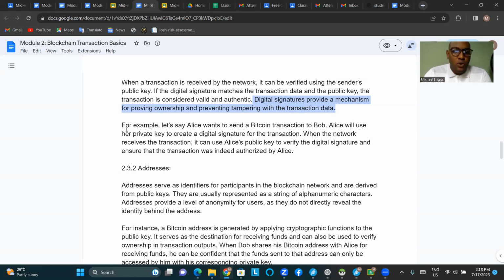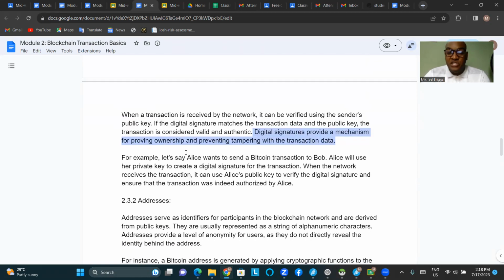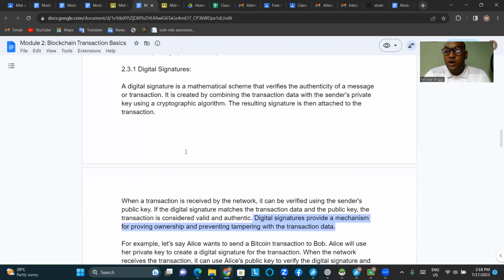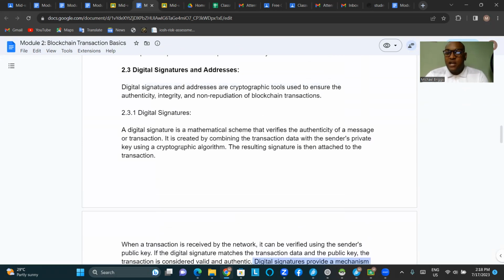All right? So this is exactly how digital signatures work on the blockchain. So it's a concept that helps us understand that, look, this is the reason why each transaction that is done on the blockchain cannot be tampered with, because the authorization is coming from the original owner of the wallet.